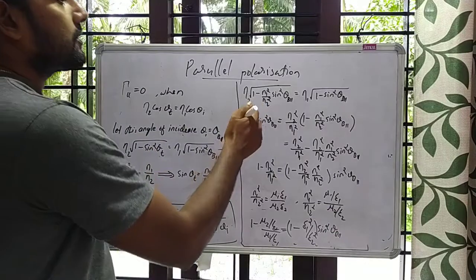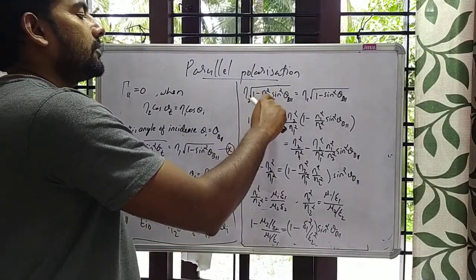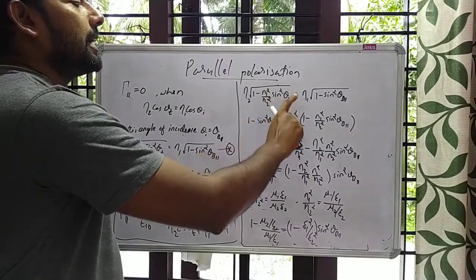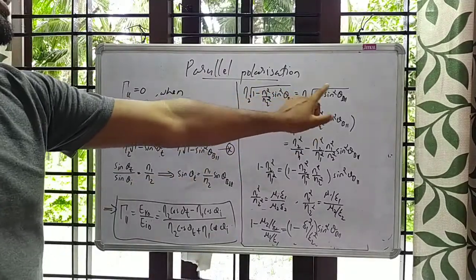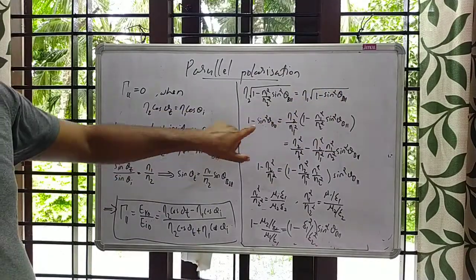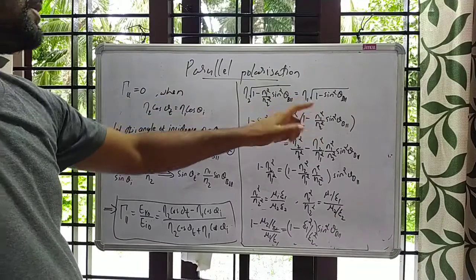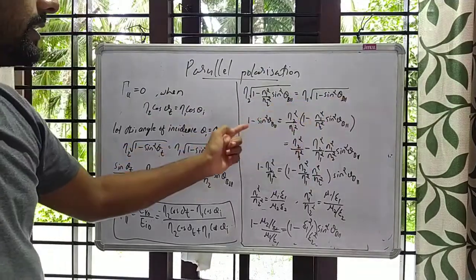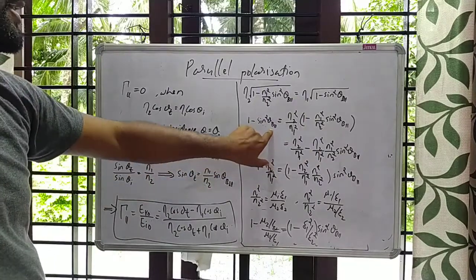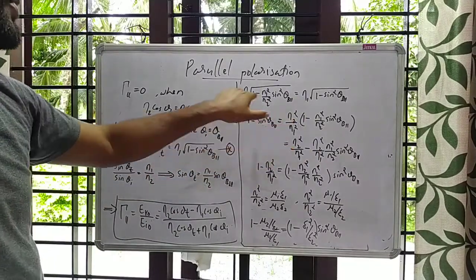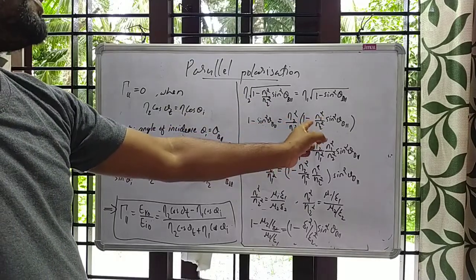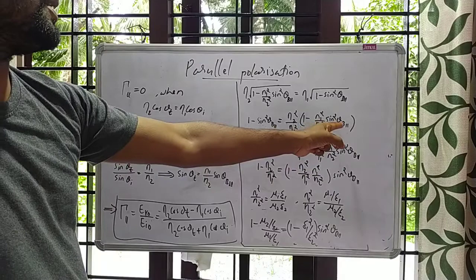We will get eta 2 into under root 1 minus n1 square by n2 square sin square theta B parallel is equal to eta 1 into under root 1 minus sin square theta B parallel. Now just flip it: 1 minus sin square theta B parallel is equal to eta 2 square divided by eta 1 square into 1 minus n1 square by n2 square into sin square theta B parallel.